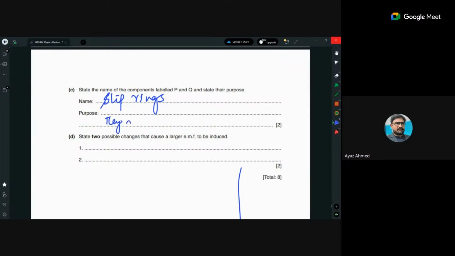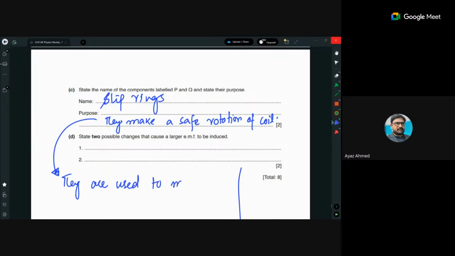They make a safe rotation of coil. How? Or you can extend it in this way that they are used to make a safe contact between coil and load.